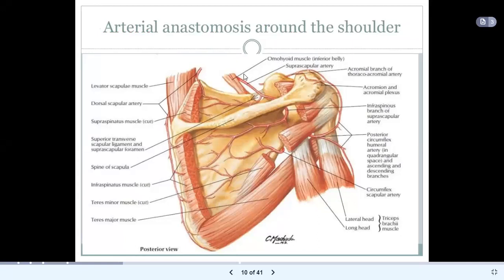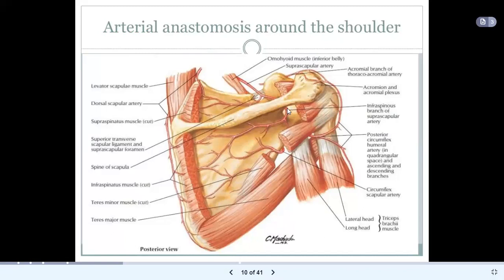So this suprascapular artery is part of the blood vessels that form the anastomosis around the shoulder joint. And then also, you see that this suprascapular artery gives off a branch, which is called the infraspinous branch of the suprascapular artery.